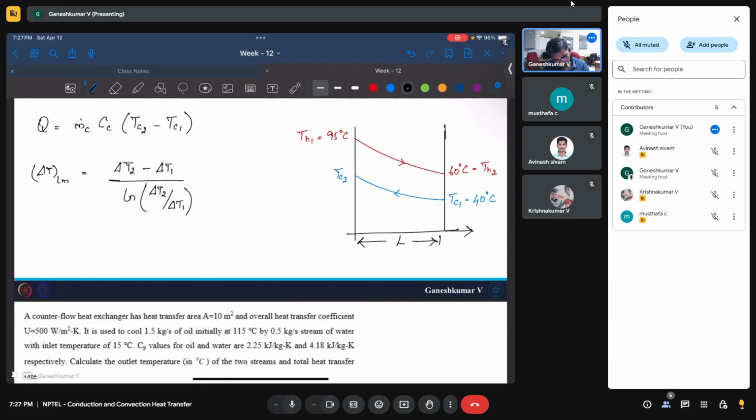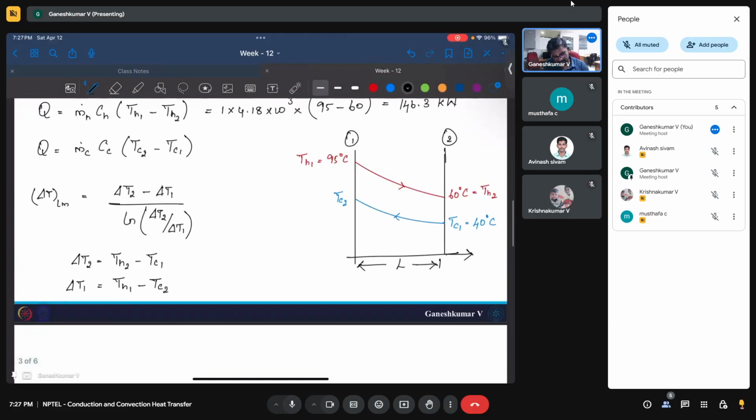Now this is 1, this is 2, right? Delta T2 is TH2 minus TC1, and delta T1 is TH1 minus TC2.